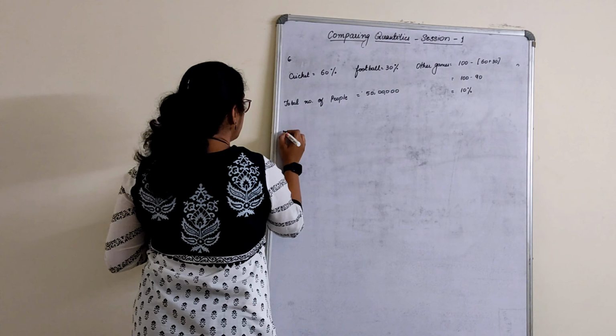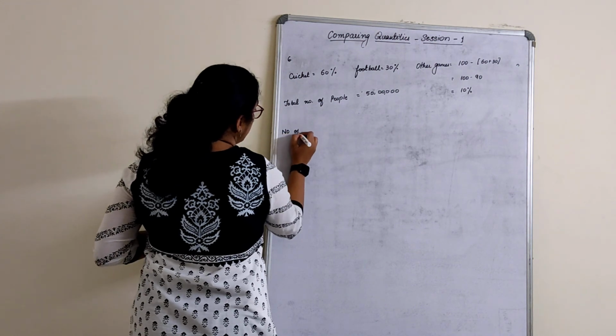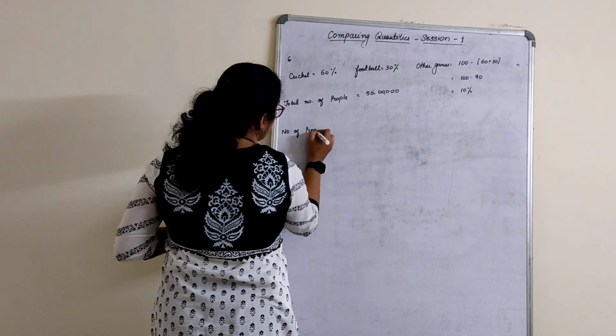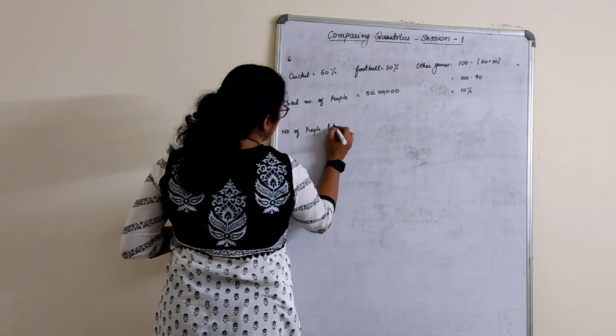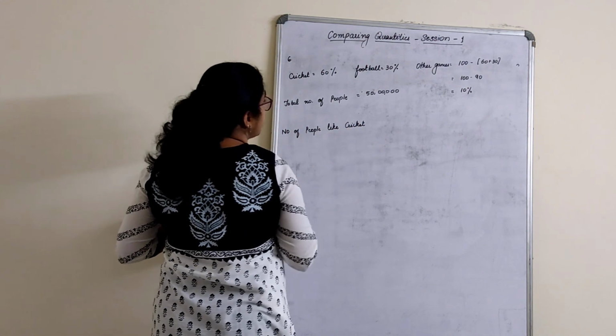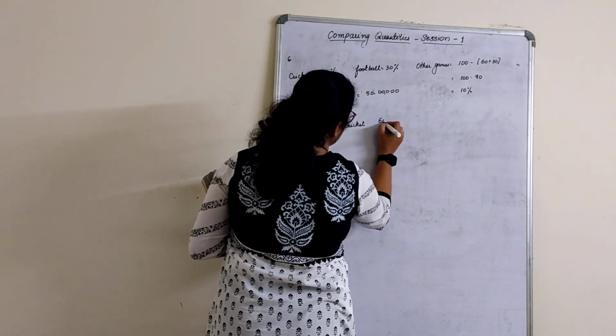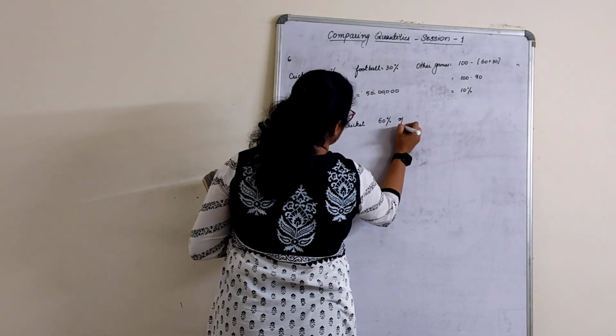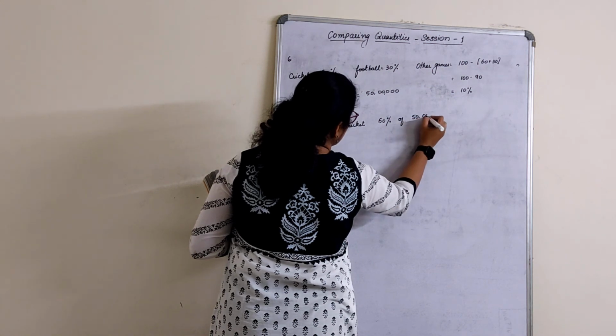Okay. So number of people like cricket, 60% of 50 lakh.